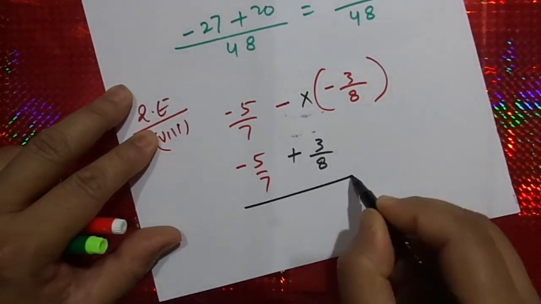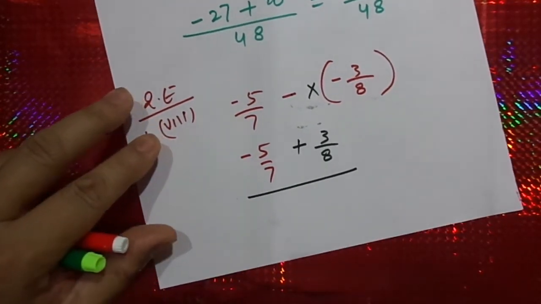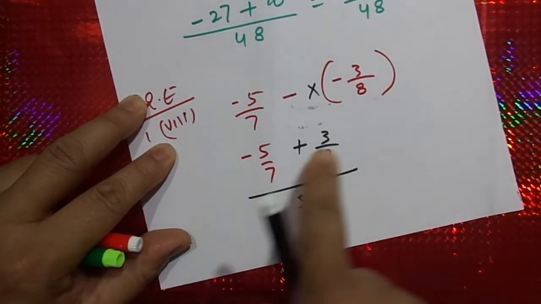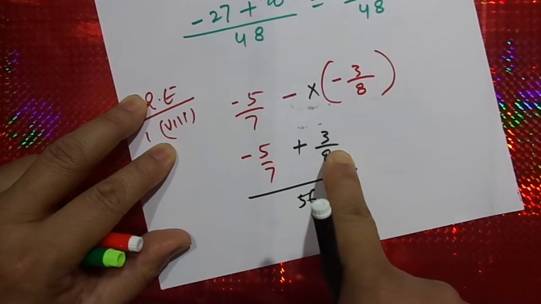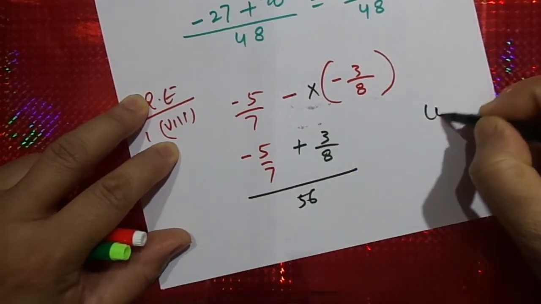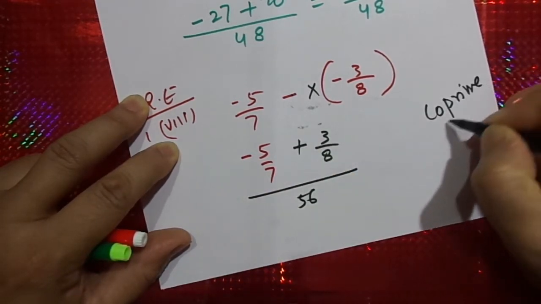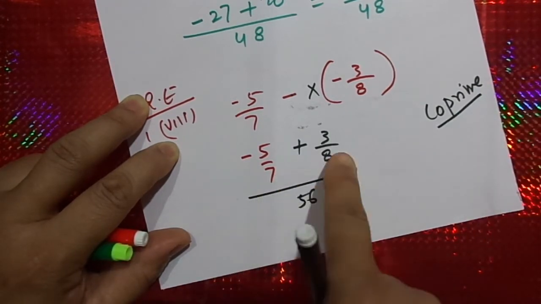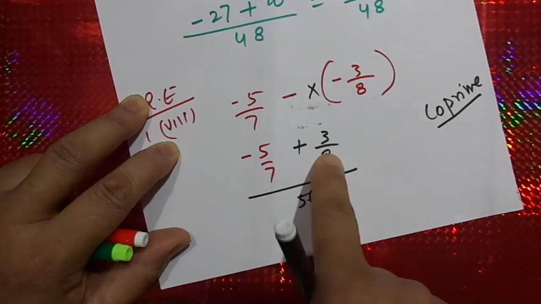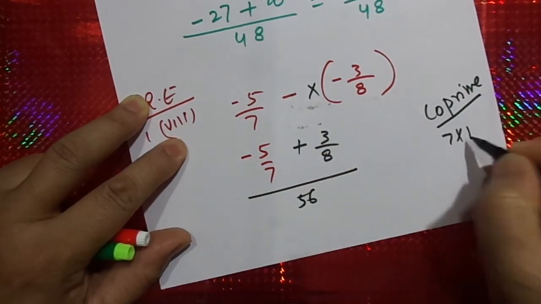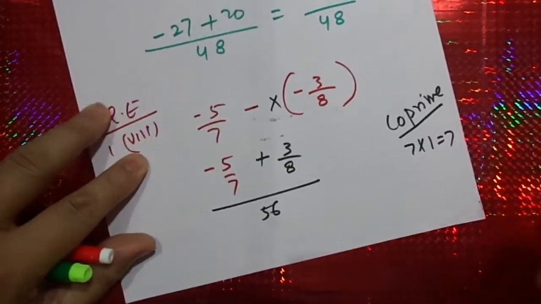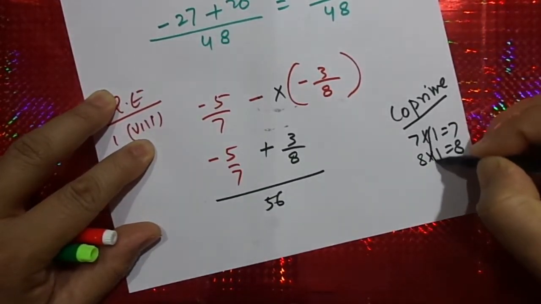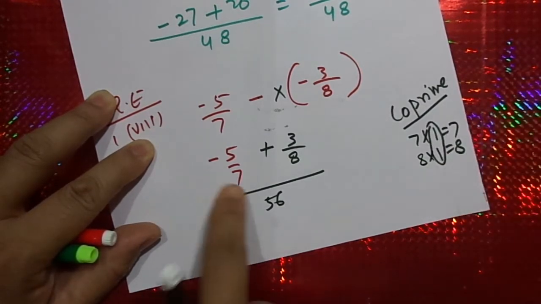Like the other sums, you need to take the LCM as 56. Now 7 and 8, you can see that both of them are co-prime numbers. Co-prime numbers have common factor 1. 7 into 1 is equal to 7 and 8 into 1 is equal to 8. Therefore they have a common factor 1, and are known as co-prime.